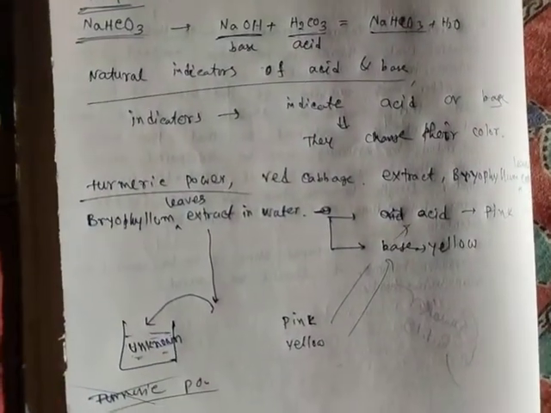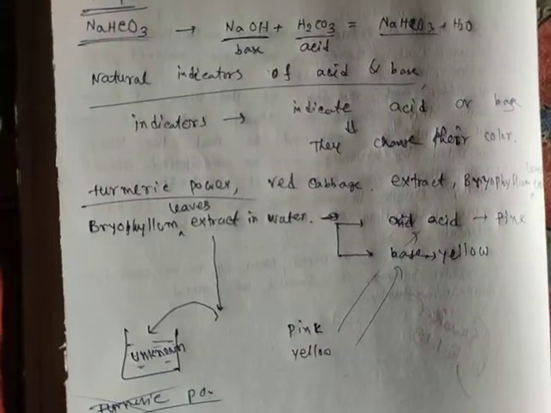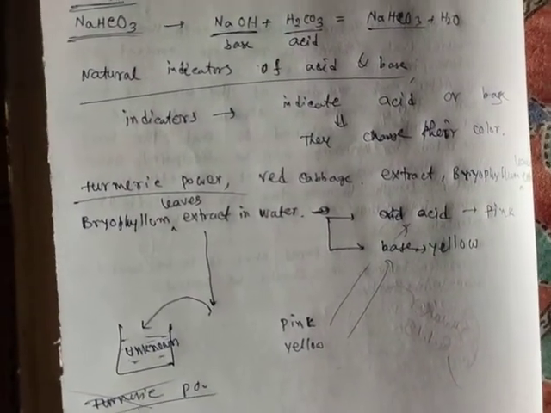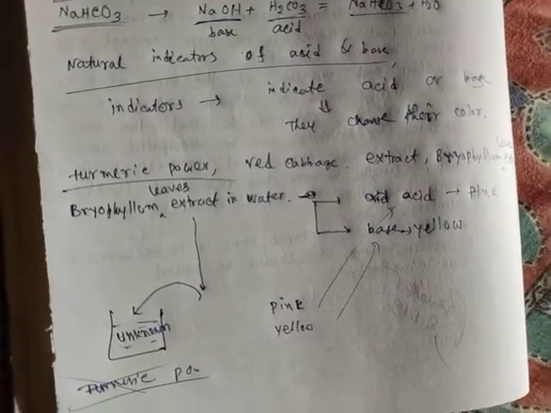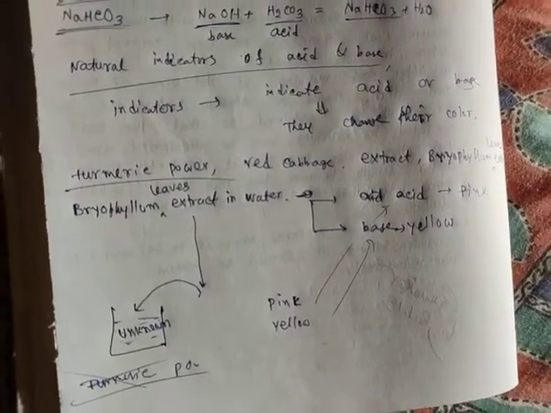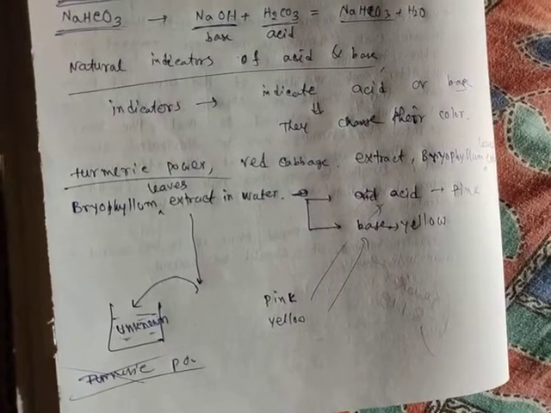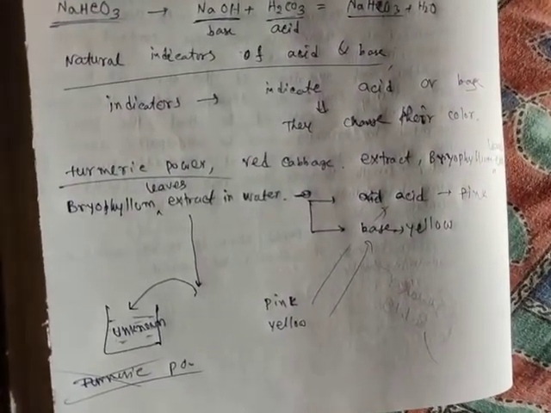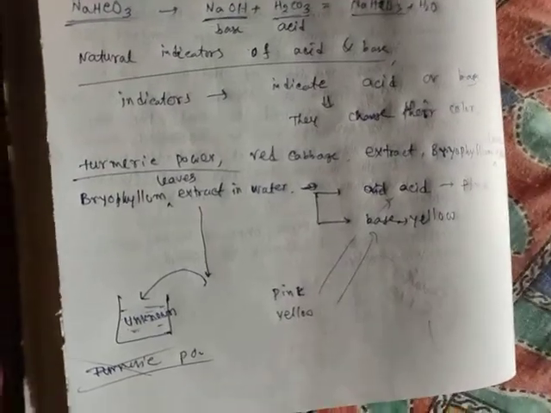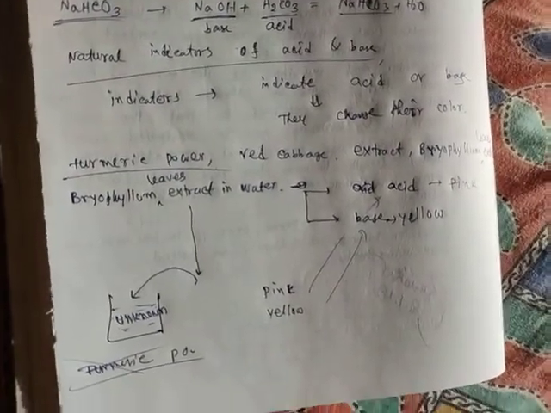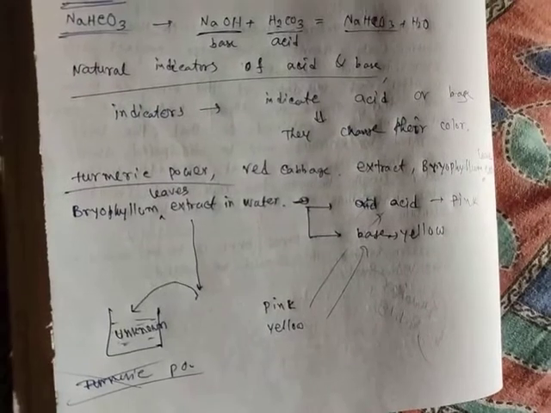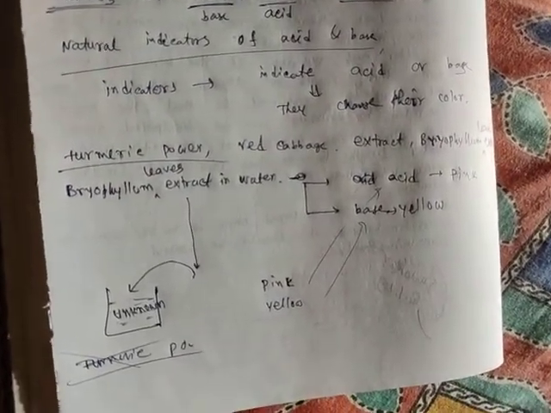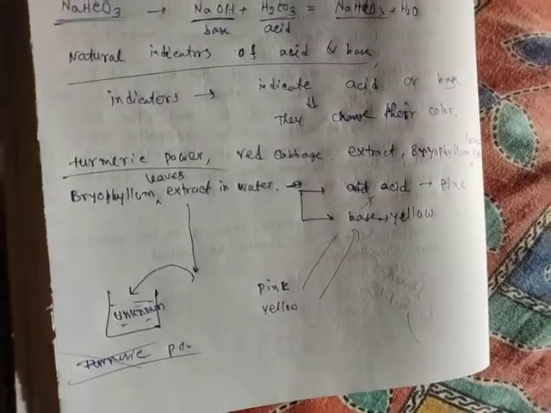You can also take some cabbage extract. First, boil the red cabbage with some water, then take the solution. It must have a color, maybe brown or violet. Then mix some acid with this, and it gives a pink color. If you mix some base, it will give a green color.